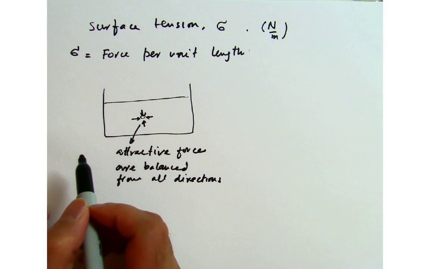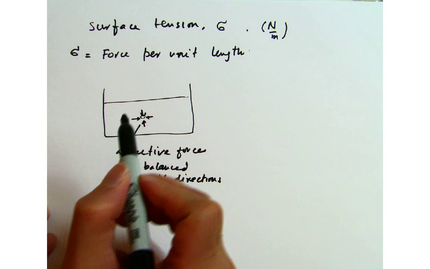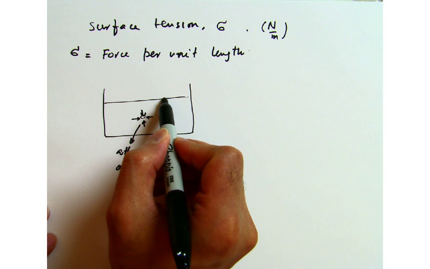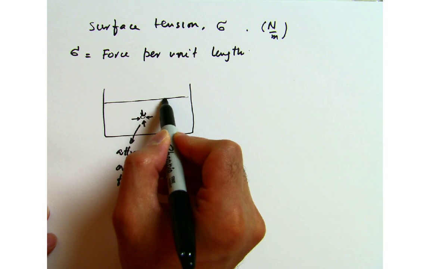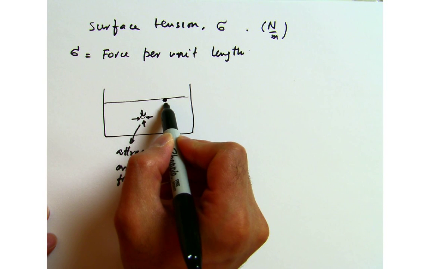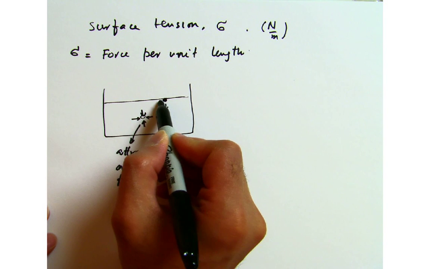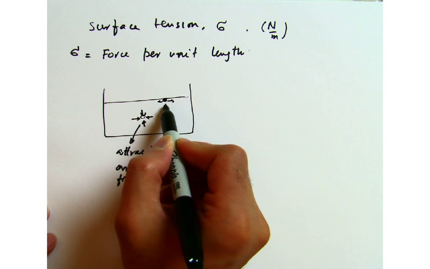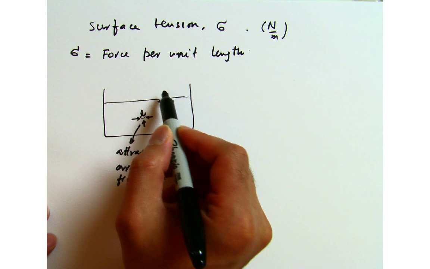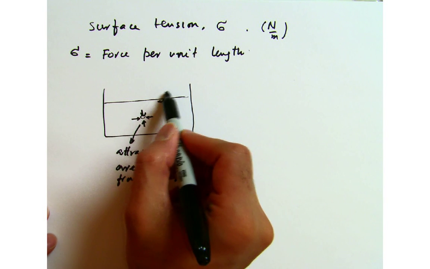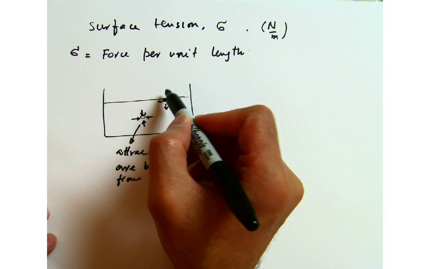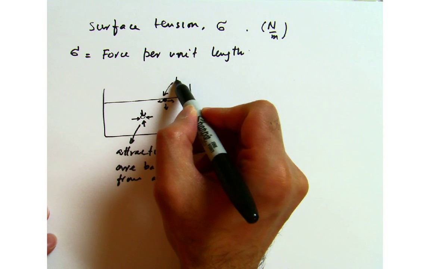Now let's take a look at another molecule that is on the surface. You can take any molecule on the surface. It has more attractive forces from this direction, but it does not have as strong an attractive force from the outside, which is air. So this molecule has an unbalanced force.